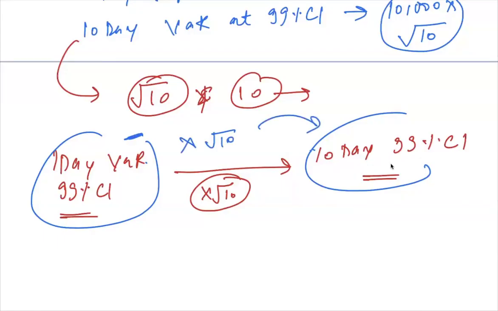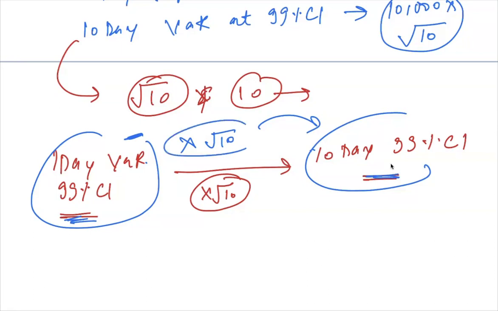I see Sheikh, your question is why we are multiplying with square root of 10 and not with 10. I would recommend you perform this exercise. First, calculate value at risk using 1 day, calculate value at risk using 10-day or 5-day, whatever you want, and then multiply and see the difference.